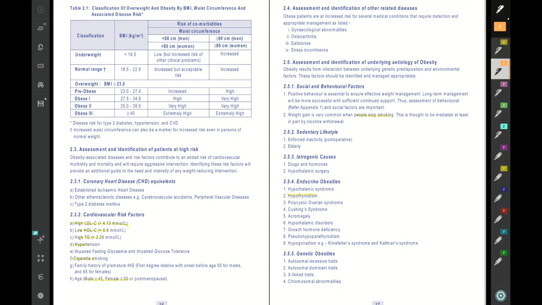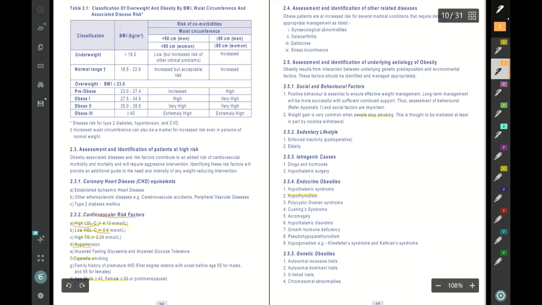Alright, when we talk about cardiovascular risk factors, look at the bottom here. For high LDL cholesterol, the cardiovascular risk factor is when they have more than 4.13, and low HDL is defined as less than 0.9.